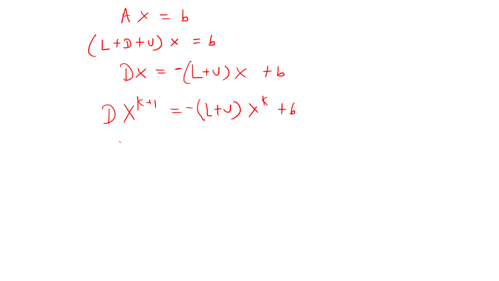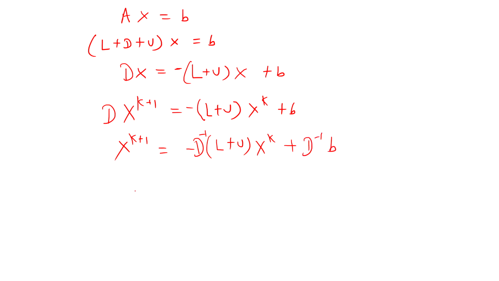That means x^(k+1) is nothing but minus D inverse (L + U) times the value of the vector x at the previous iteration, plus D inverse times b.